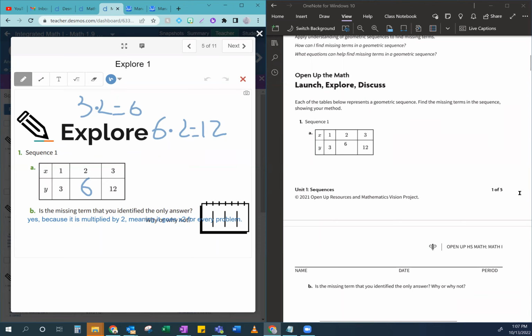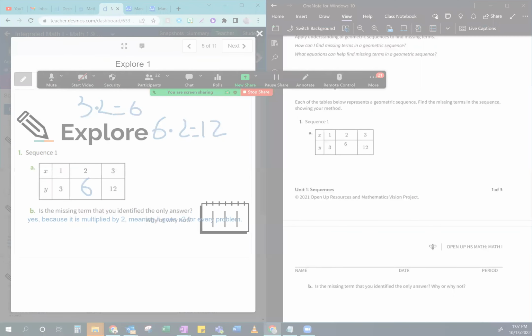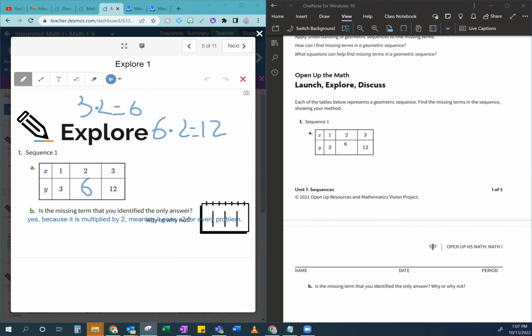So someone said, Miss Johnson, we need to divide. Let me snip this so that you guys all believe that I'm not talking to myself. Oh, there it is. I was looking for my snipping tool. So this person says, hey, Miss Johnson, I want you to divide. That is correct. So we're going to divide, right?